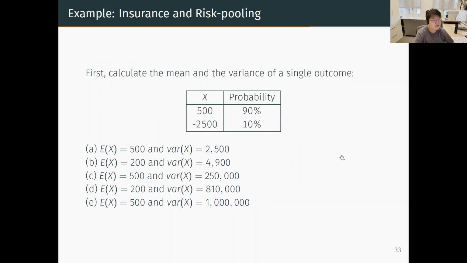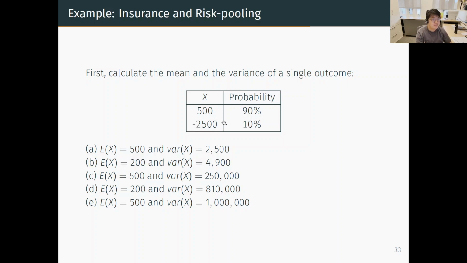How can we calculate that? Let's start from the single policy's distribution. We are going to find the mean and the variance of a single outcome, a single person. Okay, this is the distribution. 90%, the company receives $500, but 10%, the company has to pay $3,000 back.